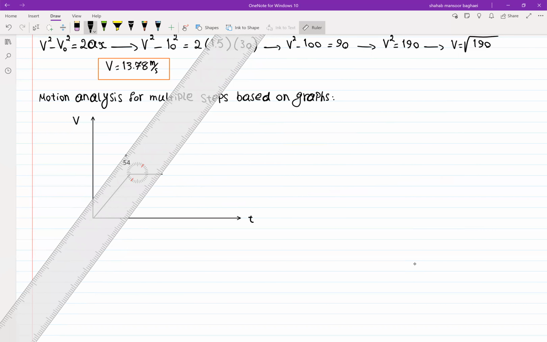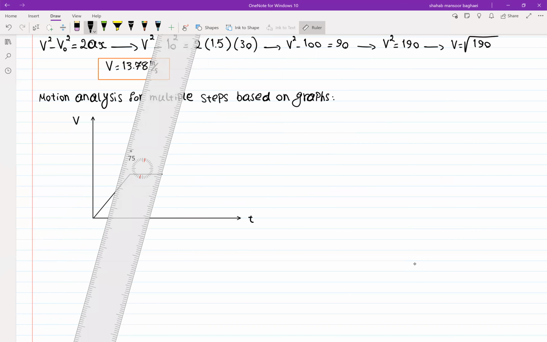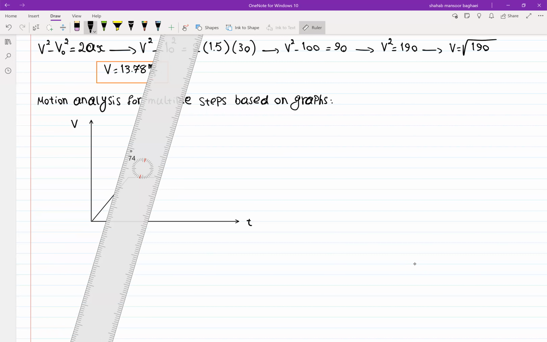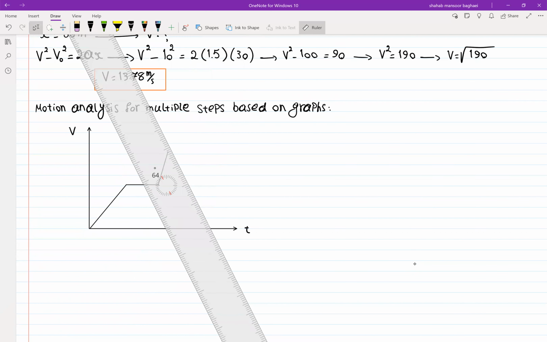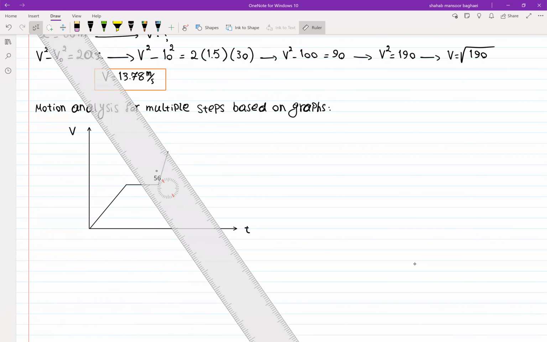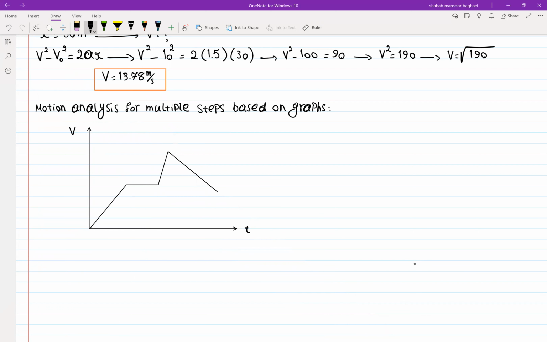Next one you have this graph. Finally, you have this. Therefore, you have some steps here.